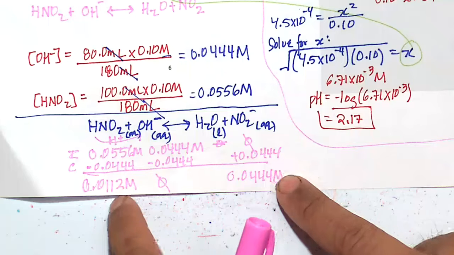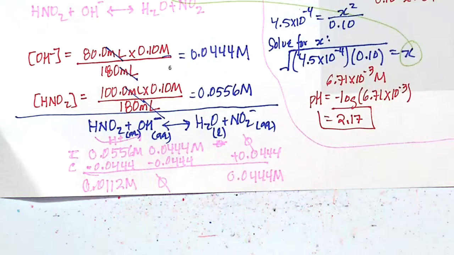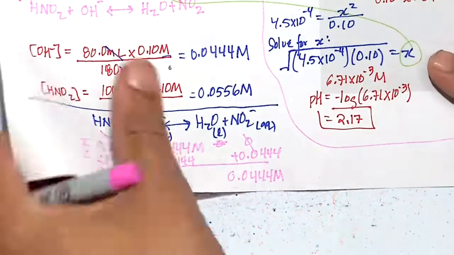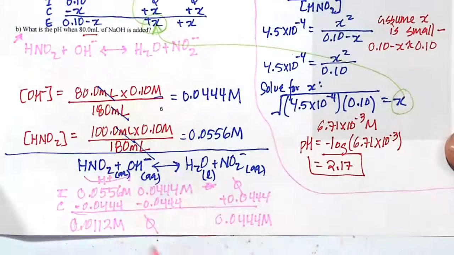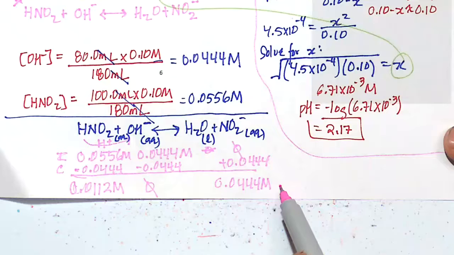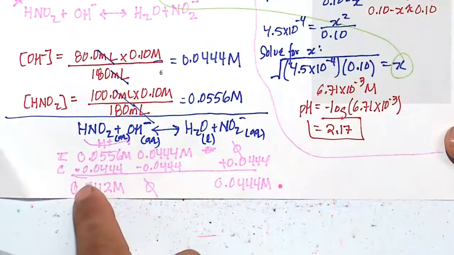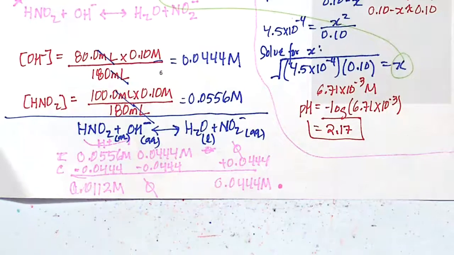We'll complete this. So we'll use the Henderson-Hasselbalch equation to get your final pH for this problem. So the last step is to use the Henderson-Hasselbalch. Why? You plug that in, and you have a buffer.